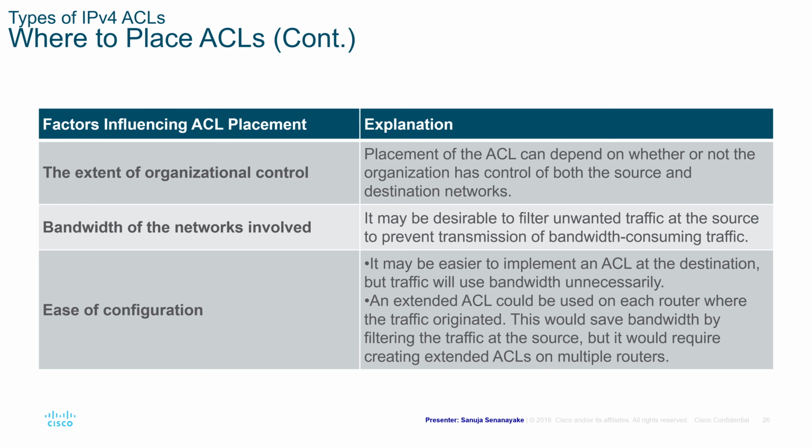So remember that an extended ACL could be used on each router where the traffic originated, but this would save bandwidth by filtering traffic at the source, while it would also require creating extended ACLs on multiple routers. Remember, ACLs do take up some router resources, right? So keep that in mind as well.